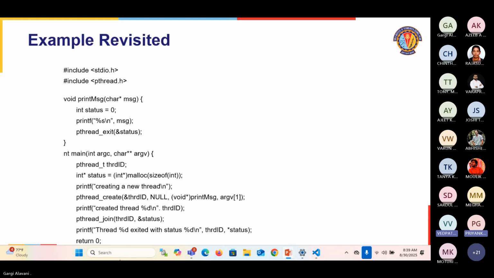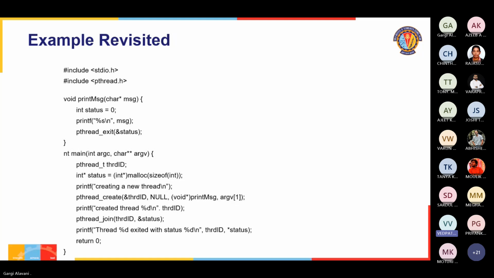Ma'am, in this particular example, in the print message method, we have pthread exit as, let's say, the third line of that method. On the line below where we are creating the thread, we are telling a new thread to be created, and it is expected to execute the print message method from the main method, as in the main thread.